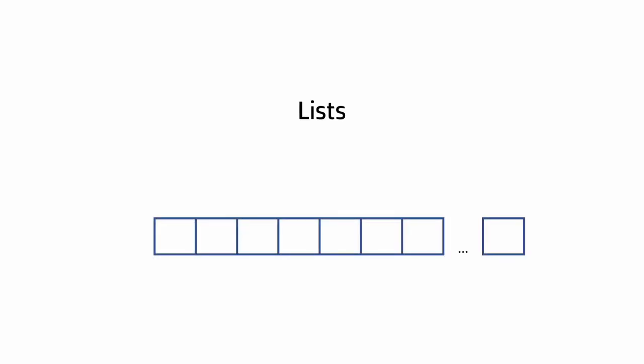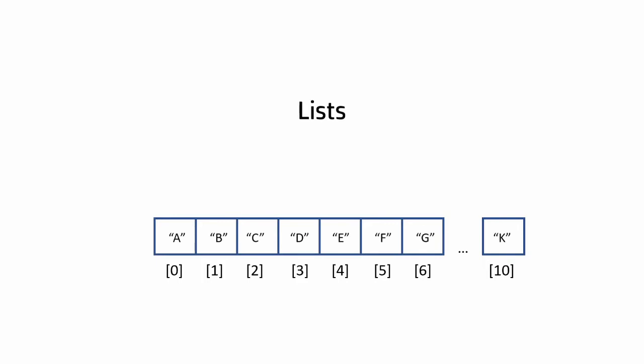What we have is these little elements, and these elements are addressed by number. They start with 0 and they go for as long as we need them to go. In this case, they go to a maximum of 10. And we can actually add things inside each and every one of those elements.